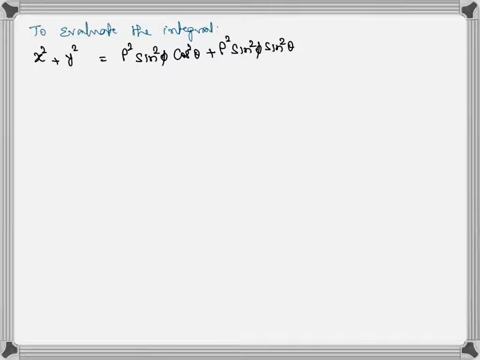In these two, rho squared sine squared phi can be pulled out, so rho squared sine squared phi times cosine squared theta plus sine squared theta.